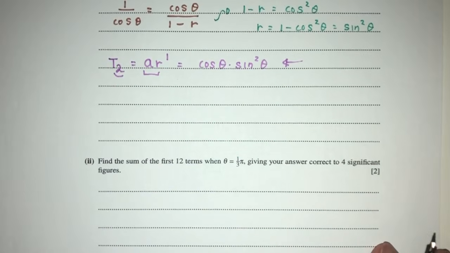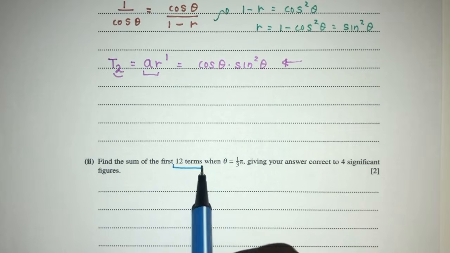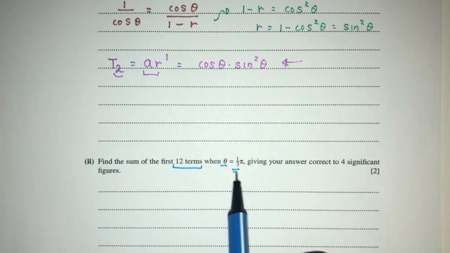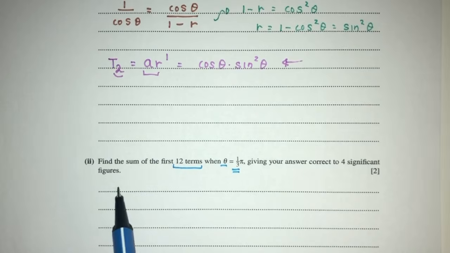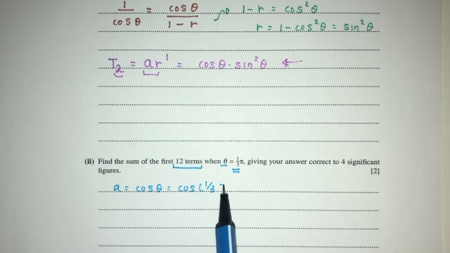Now for part 2, we have to find the sum of the first 12 terms when theta is this value. We know a is equal to cos theta, but cos of 1 over 3 pi will be half. So my first term is half.